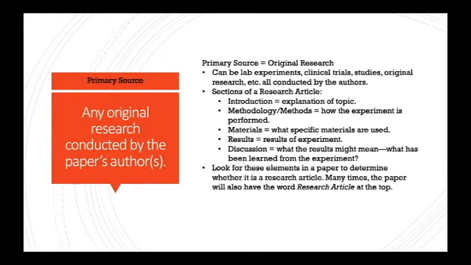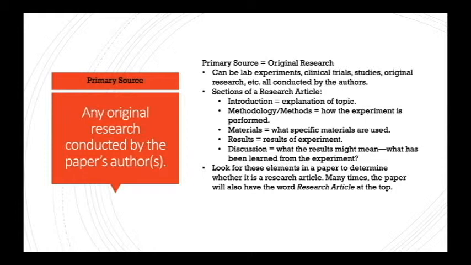An easy way to spot a research article is to look for the different sections. A research article will always have these different sections. It'll have an introduction, which explains the topic and what it is and why it's important. It will give a methodology or method section, so it'll explain how the experiment is performed.